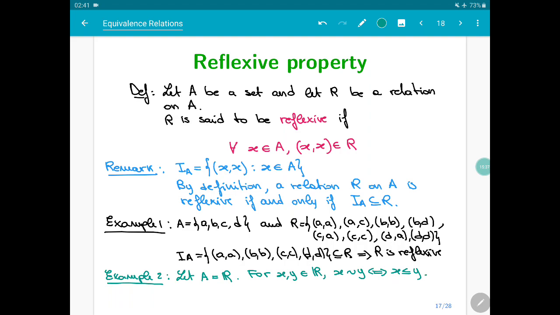Well, and again, wondering if this is a reflexive relation or not. And well, this is easy to show because I noticed that, for all x in R, x is less than or equal to x. Why? Because in particular, x is equal to x. And so this implies that x is in relation with x, which implies that R is reflexive. Okay.